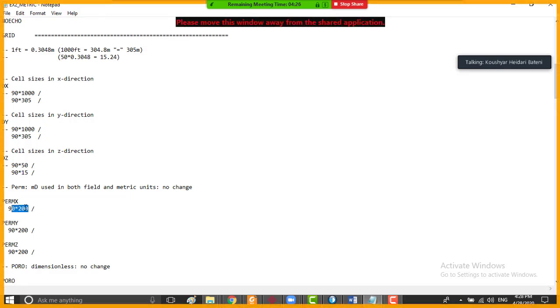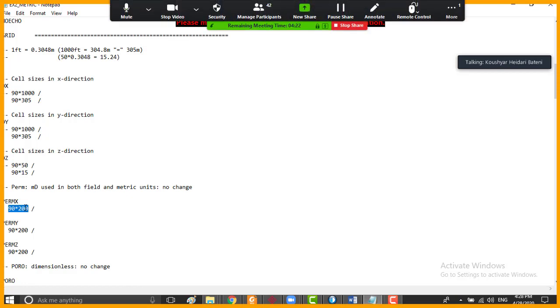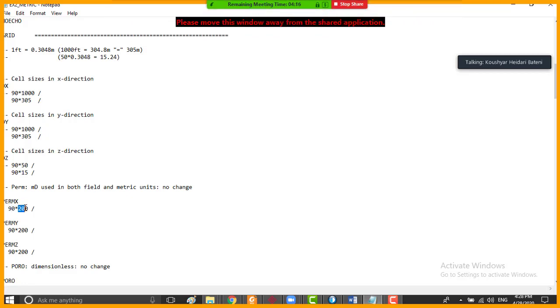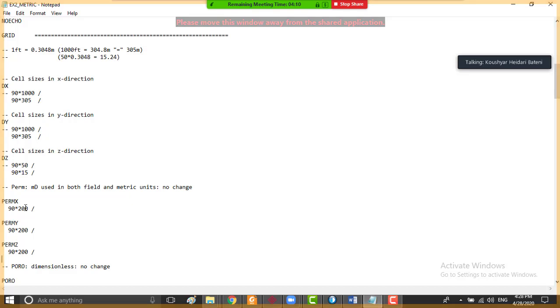So I write 90 times 200 because I have 90 matrix blocks, and the permeability in the x direction for each of them is 200 millidarcies. For perm y and perm z, again the same.